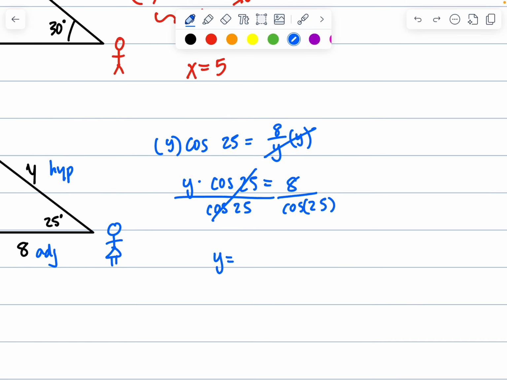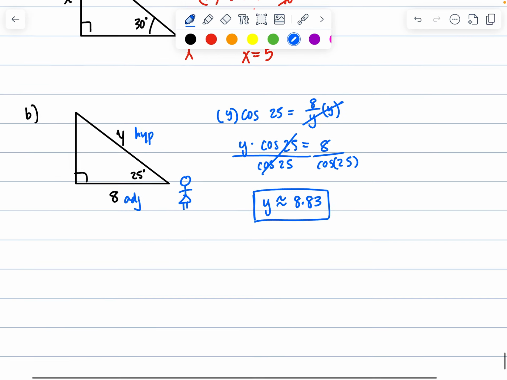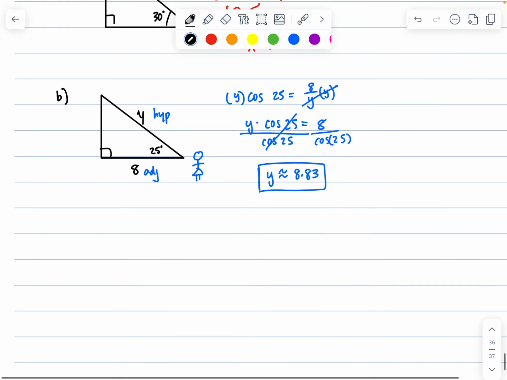Close the parentheses at the tail end of this, just in case. You should get y is approximately, because this is going to be a decimal, 8.83. Hopefully you got that. If you did not, make sure you're in the right mode, and we could keep going.